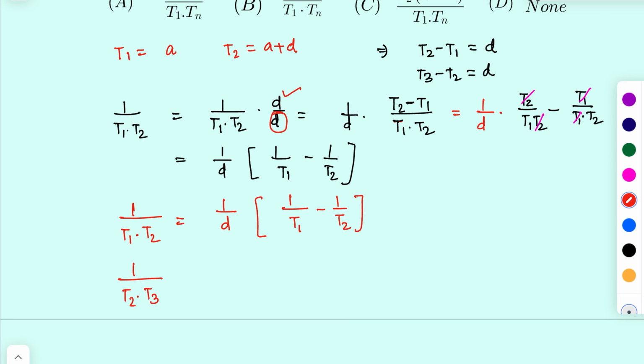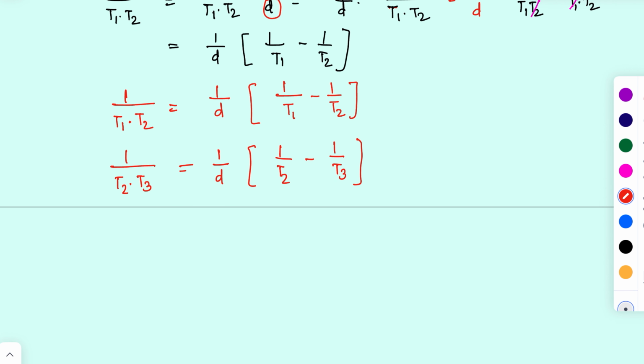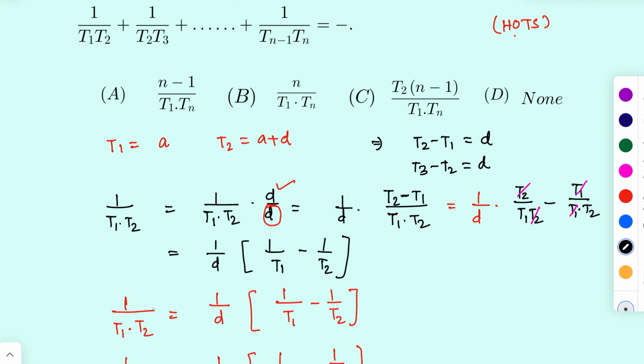Similarly 1 by t2 into t3 can be written as 1 by d into 1 by t2 minus 1 by t3. 1 by t3 into t4 is written as 1 by d into 1 by t3 minus 1 by t4.